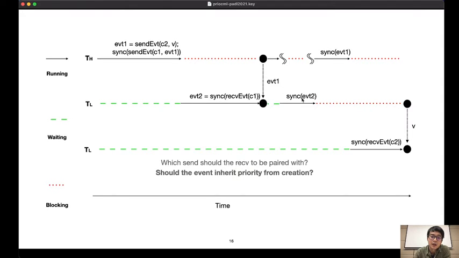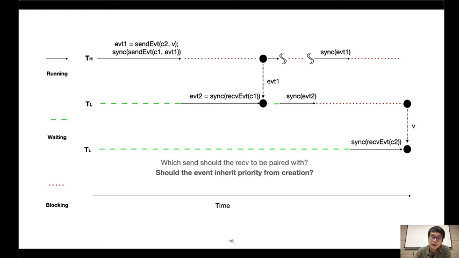And so the EBT2 should inherit that high priority. As a result, this is a high priority event. However, EBT2 gets synchronized before EBT1. As a result, we should be pairing this EBT2 with this receive event.